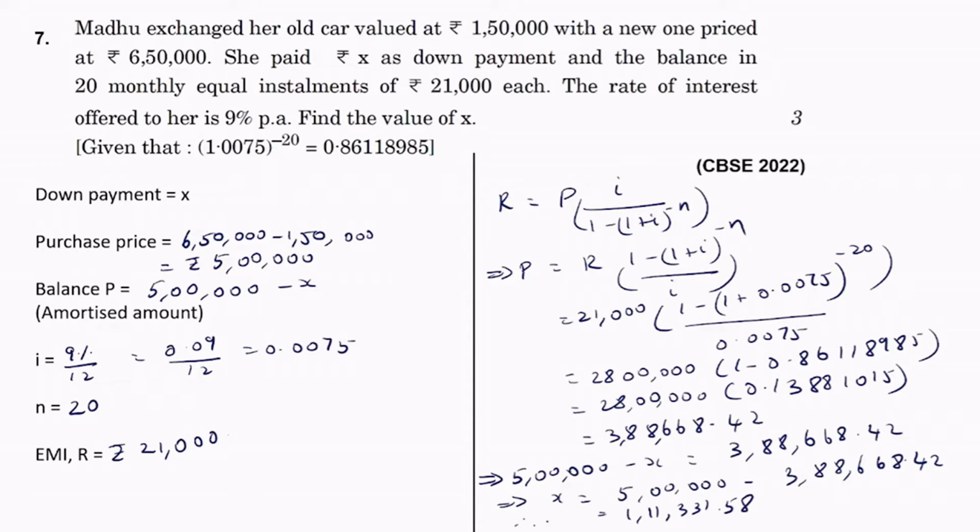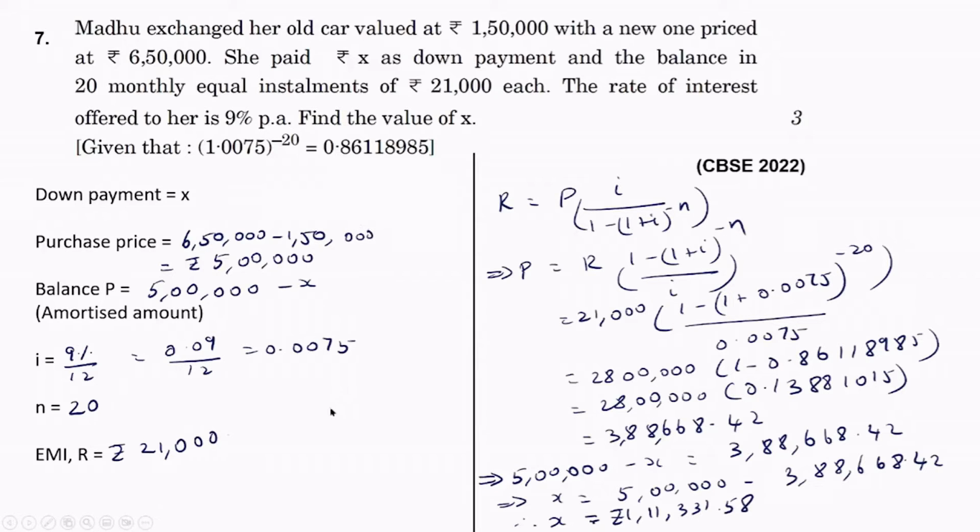So this is X. Therefore X is equal to rupees 1,11,331.58. So this much is the down payment which is made.